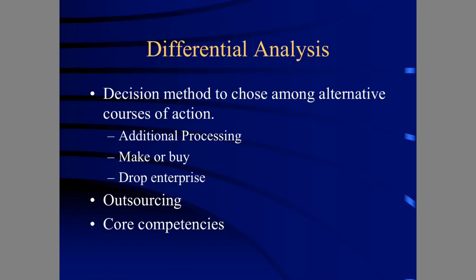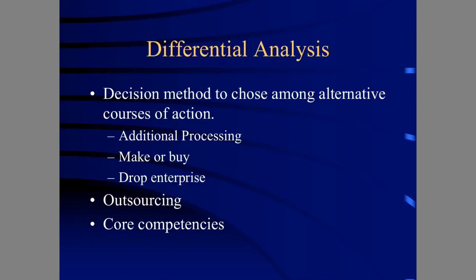So differential analysis, and please read the chapter, it does a good job of providing examples and detail, it looks at several different things. Differential analysis is a decision method to choose among alternative courses of action. And alternative courses of action is what additional processing will be needed to add on to this maybe new service or new third-party contract.